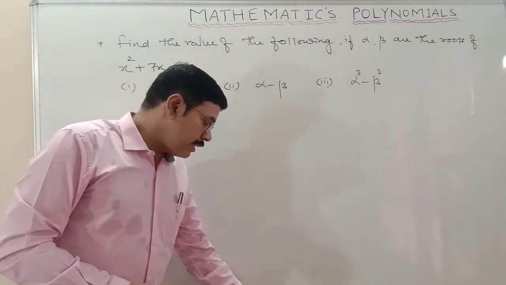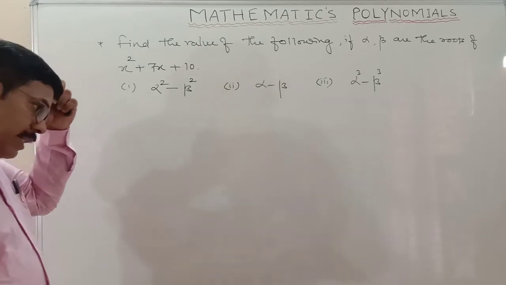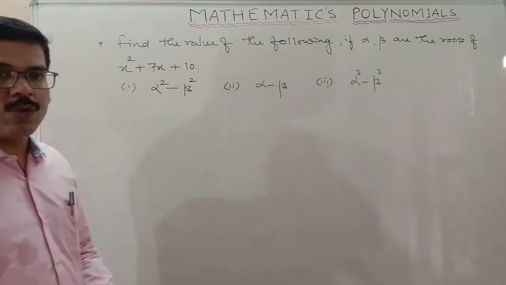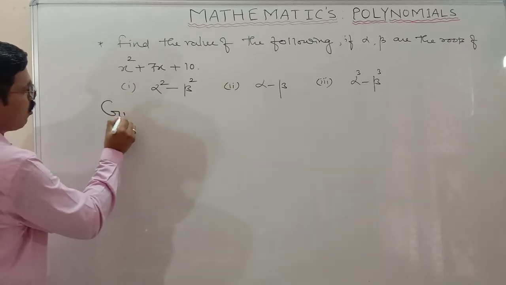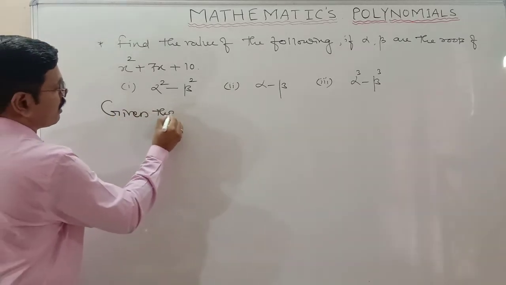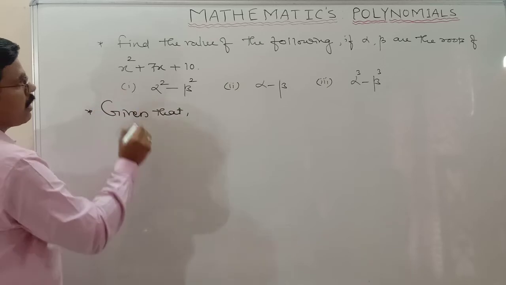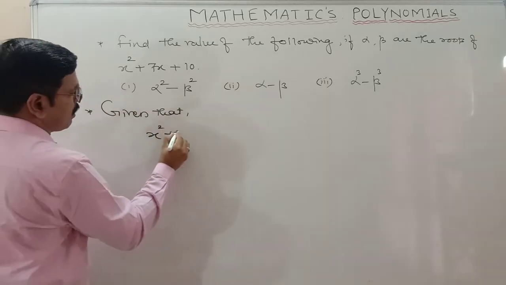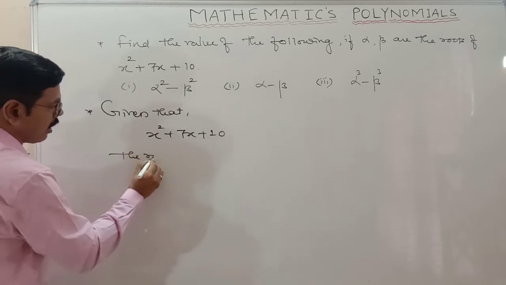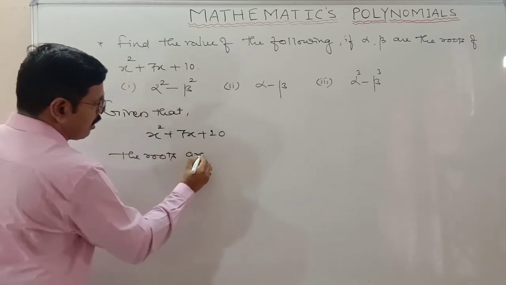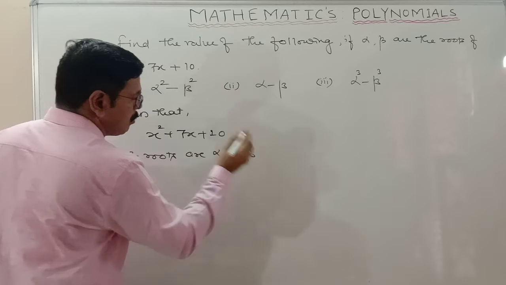So these are very simple. Okay, ये बहुत simple है ना? How to determine? See, very first when it is given, we'll solve the question given that x square plus 7x plus 10, the roots are alpha and beta.